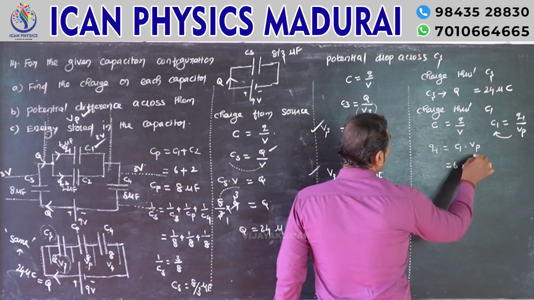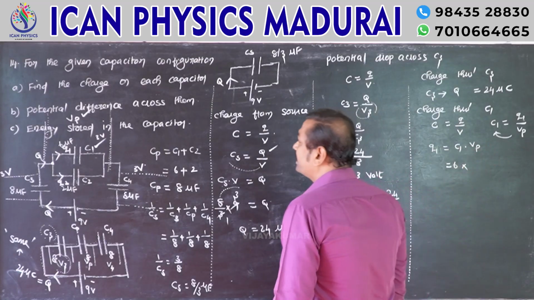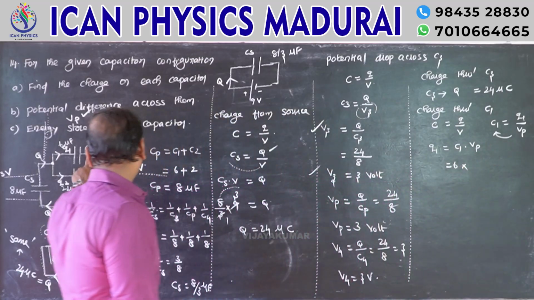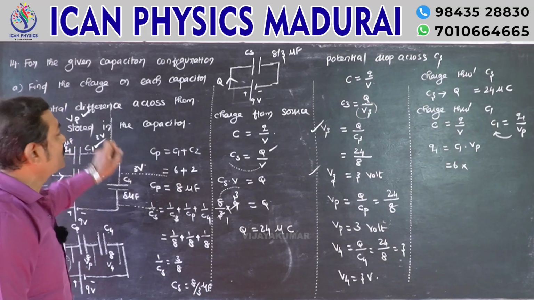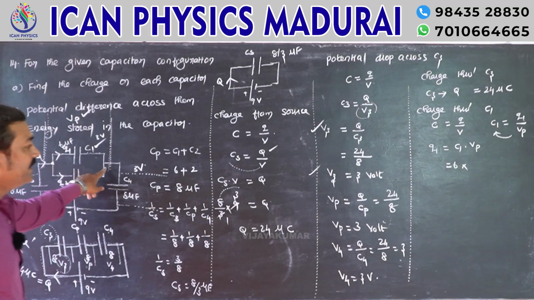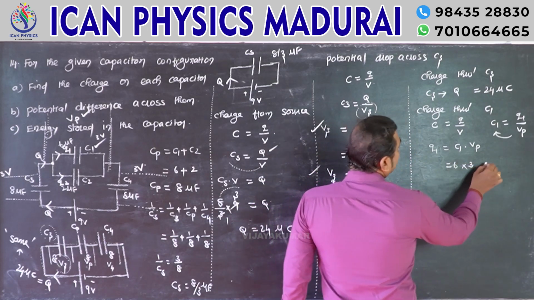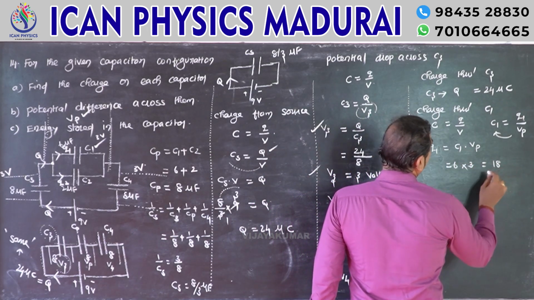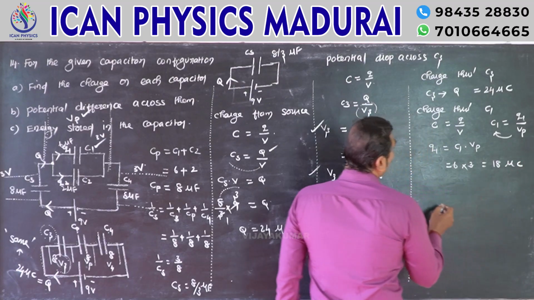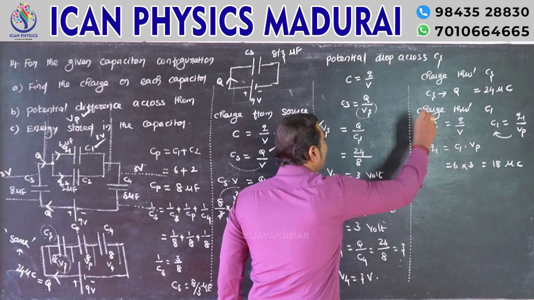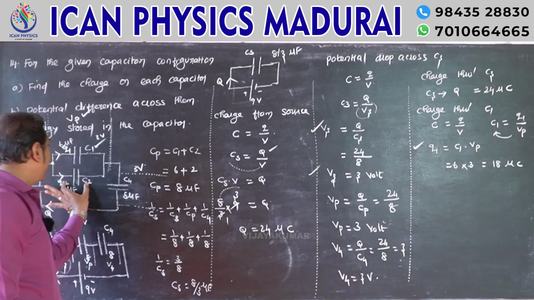Vp is the potential drop across the first one. What is the value of Vp? 3 volt. So 3 6s are 18 microcoulomb.